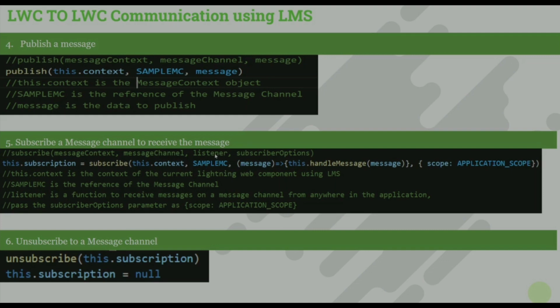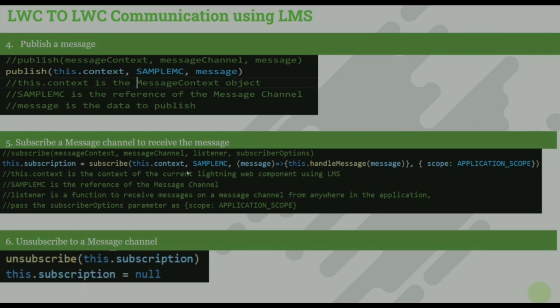The listener is a function that receives the message coming from the publisher and passes that message to another function where we can manipulate it. The fourth parameter is the subscriber option, and this is important when you want to pass the data anywhere in the application. So it's always good to define your scope at an application level.